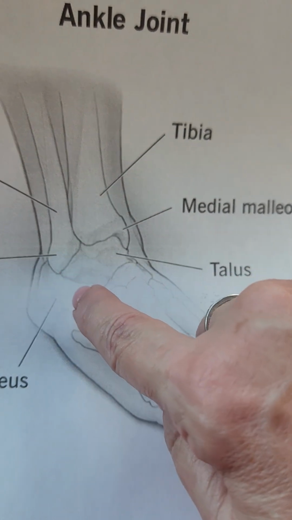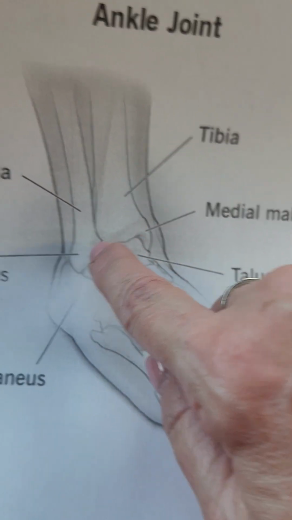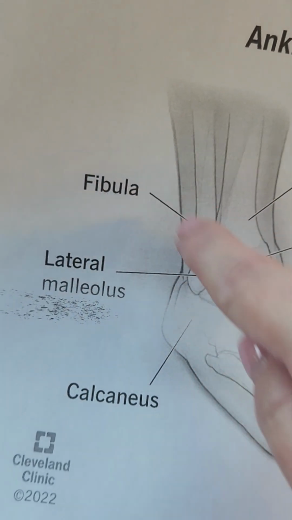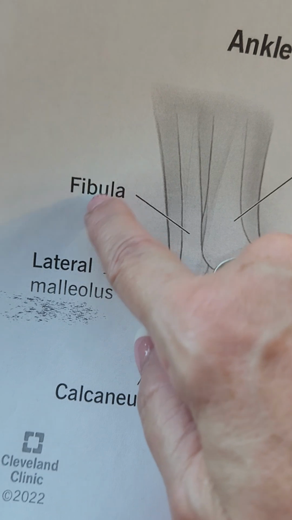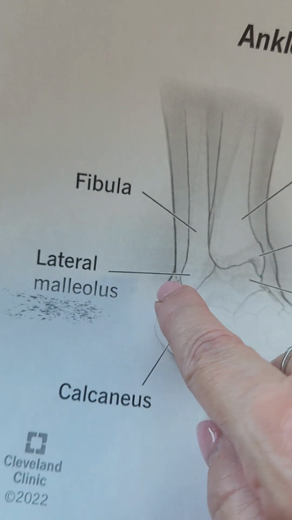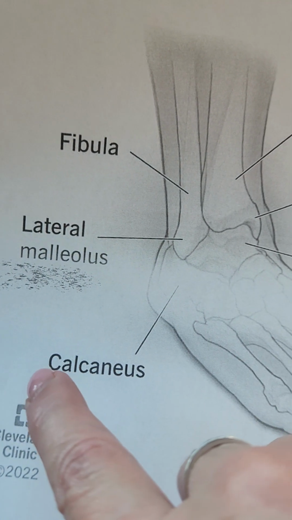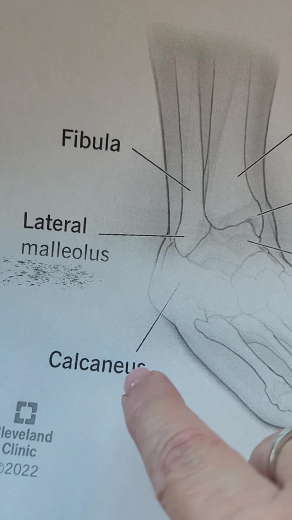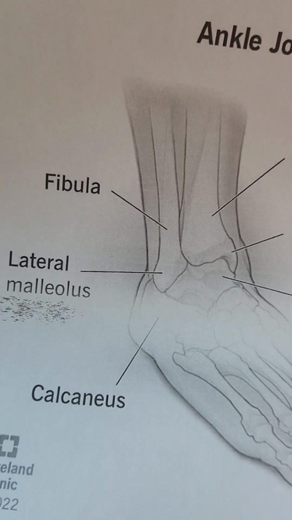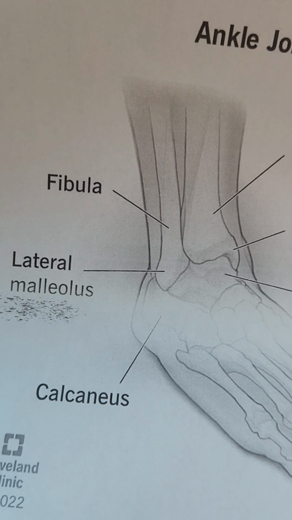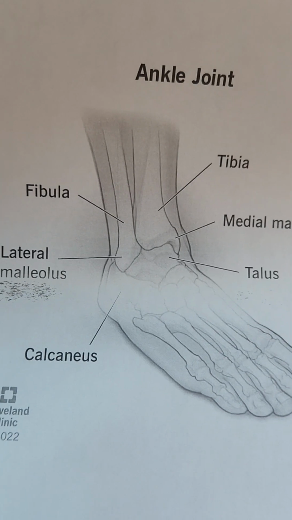The talus, our new structure we're going to be talking about. Fibula, distal fibula. So, if the fibula is there, it's got to be the lateral malleolus on this side. Here's a new word, calcaneus. That's the heel.